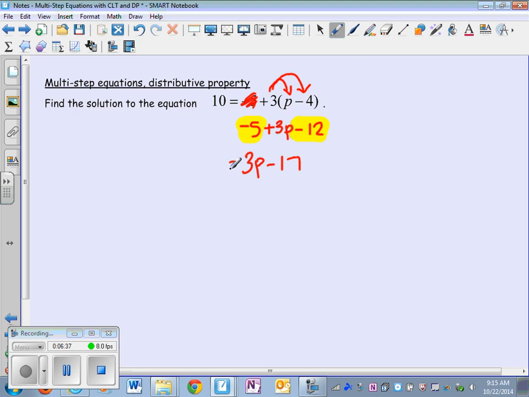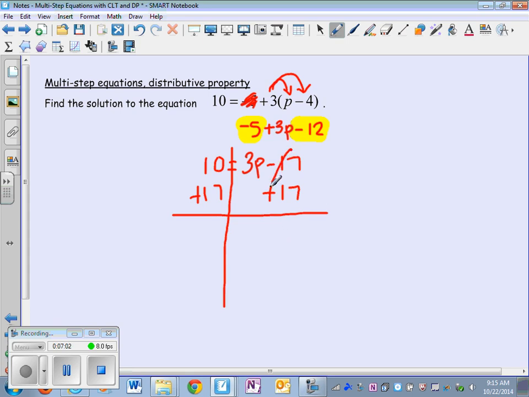So I'm going to uncover the left side and rewrite what was over there. And just by taking the time to simplify that right side of the equation, this has become much more simple, much more basic. It's a two-step equation now. So if you think about it, we want to isolate our variable and get rid of everything else that's over here. So we're going to add 17 to both sides.